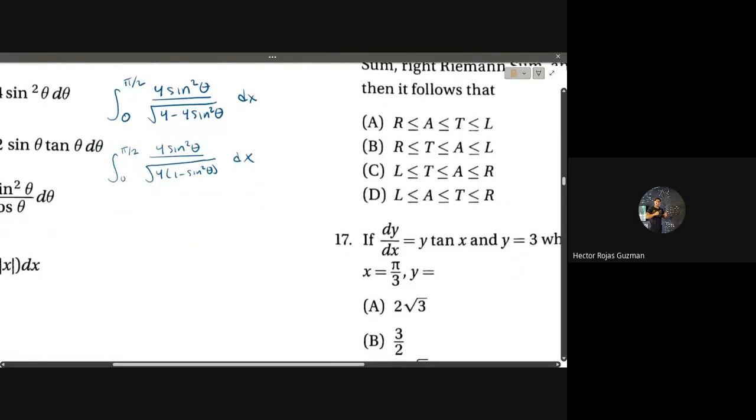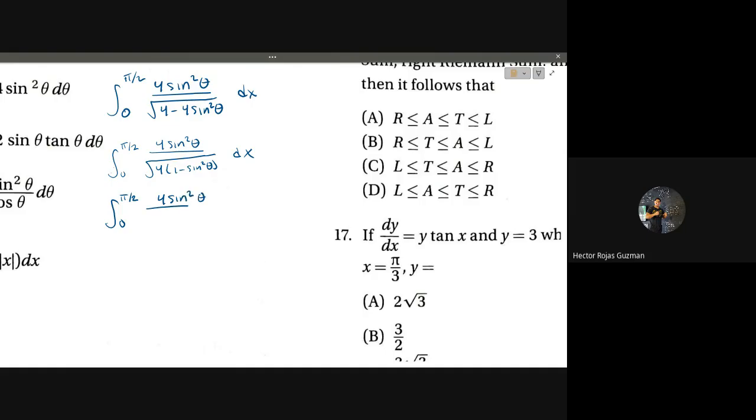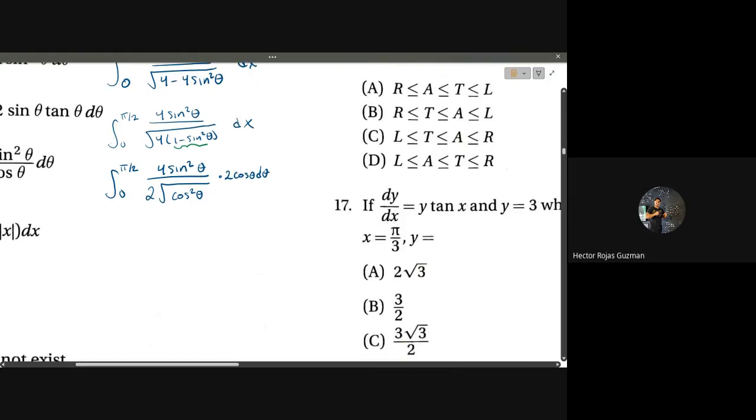We're going to do a lot of steps in this one. 1, we're going to take the square root of 4, this guy. 2, we're going to use a Pythagorean identity to replace 1 minus sine squared of theta with cosine squared of theta. And 3, like I had said, the dx is now going to be 2 cosine of theta d theta. Yeah, that was a lot of steps.